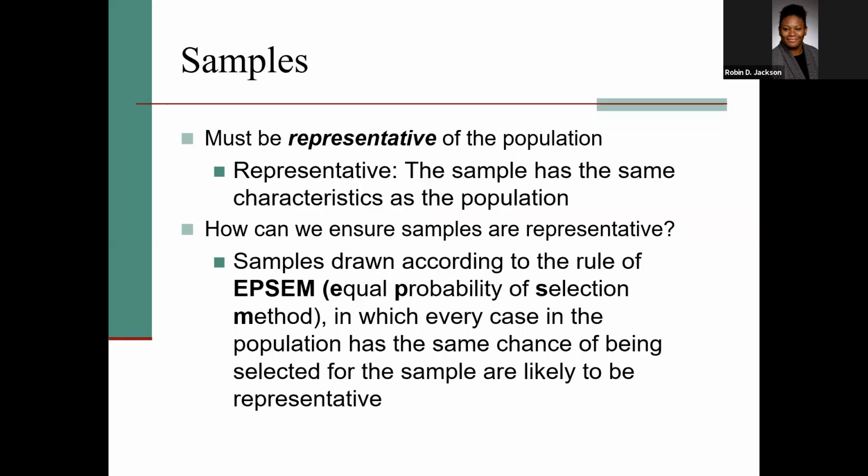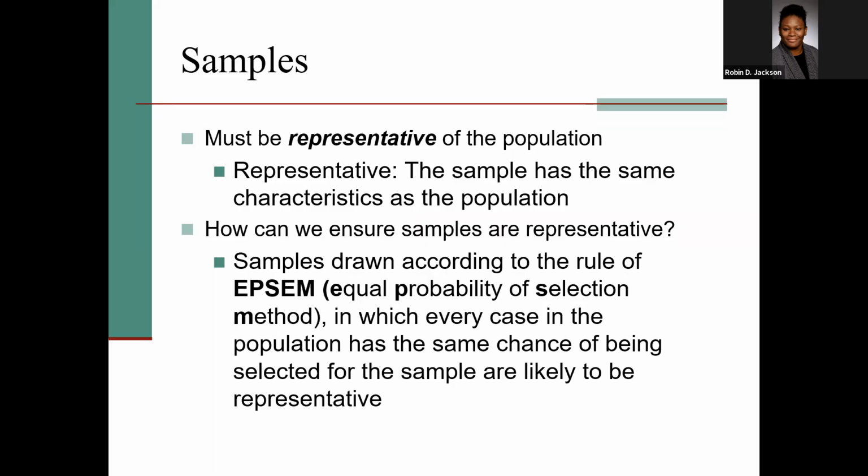You don't want a sample where, let's say you're pulling a sample of PBAMU students, and we know we have a wide variety of students in terms of socioeconomic backgrounds, people who live on campus versus off campus, classification level, the types of majors. We have a diverse population when it comes to those types of things.